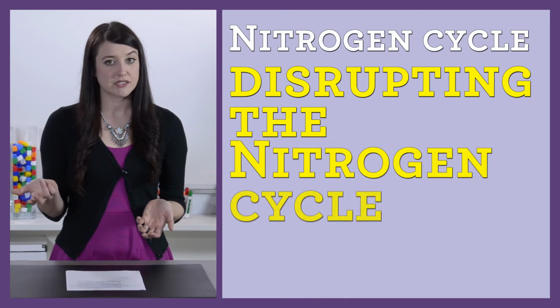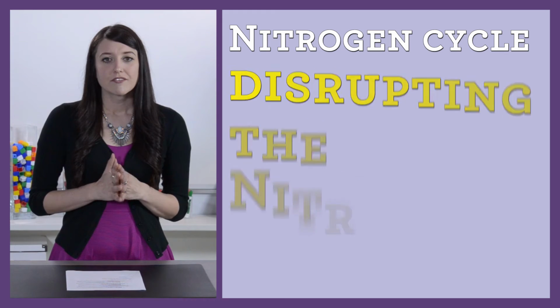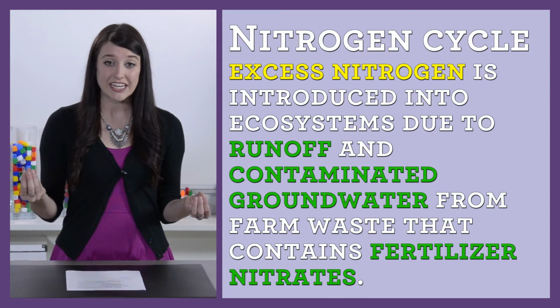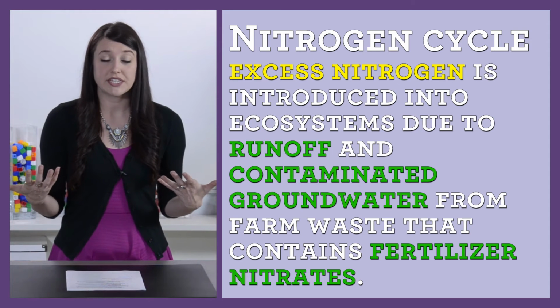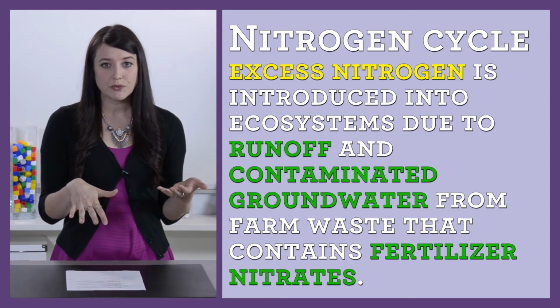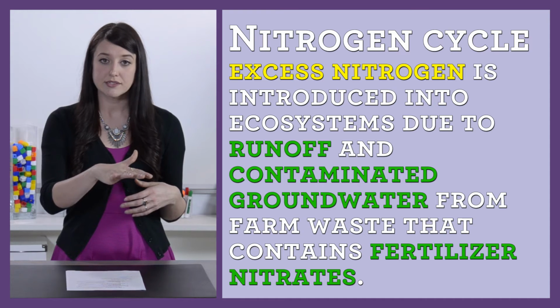Now let's talk about some results of disruptions to the nitrogen cycle. Farmers use fertilizers to help their plants grow because they need nitrogen. So fertilizers contain nitrogen. These then get leaked into the water, the groundwater, or runoff can lead to ponds.